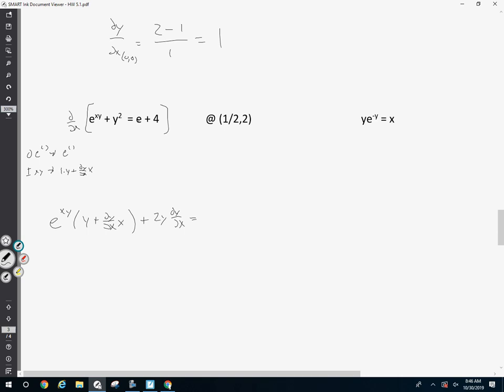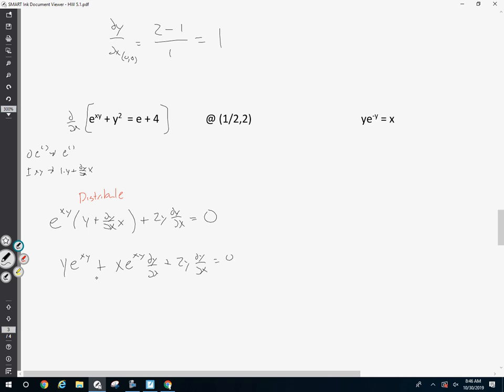equals the derivative of e. This is just a number. Doesn't have e to the x. It's just a number. 0. Derivative form, just 0. Now I want to be able to factor out the dy/dx, but again, I can't because of these parentheses. Like this dy/dx is trapped inside, so I need to distribute. Giving me y e to the xy plus x e to the xy dy/dx plus 2y dy/dx equals 0.